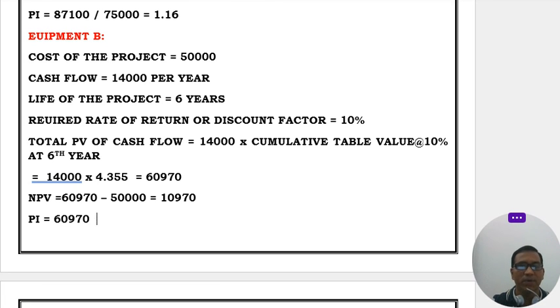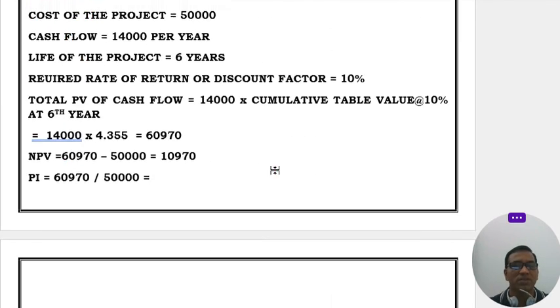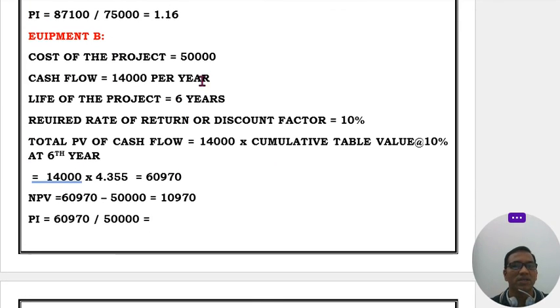What about PI? 60,970 divided by 50,000. What is the cost of the project? Cost of the project is 50,000. So 60,970 divided by 50,000 is 1.21.